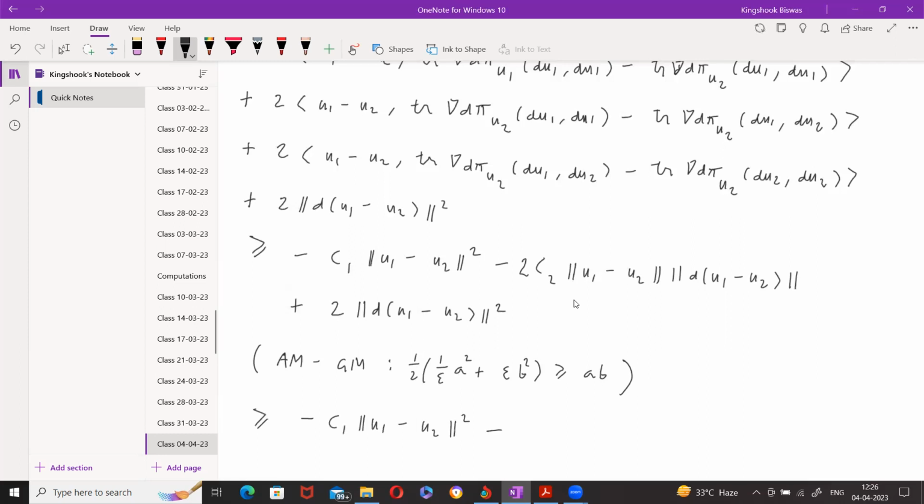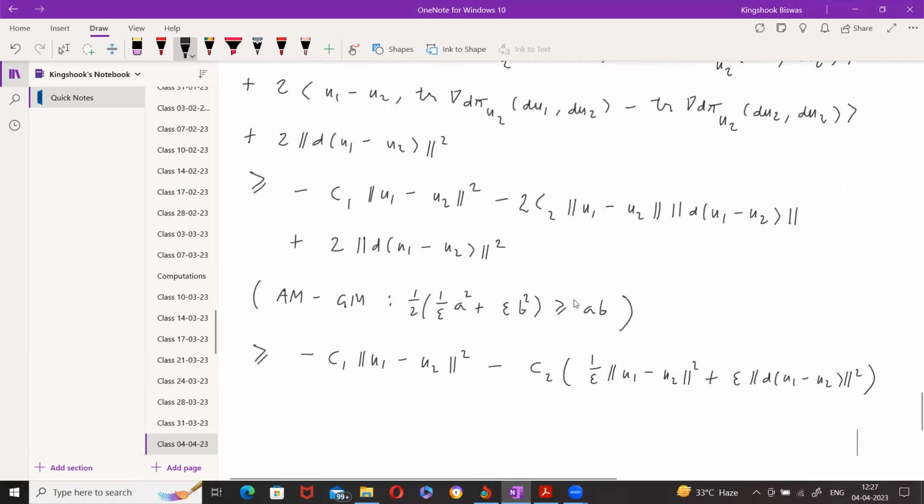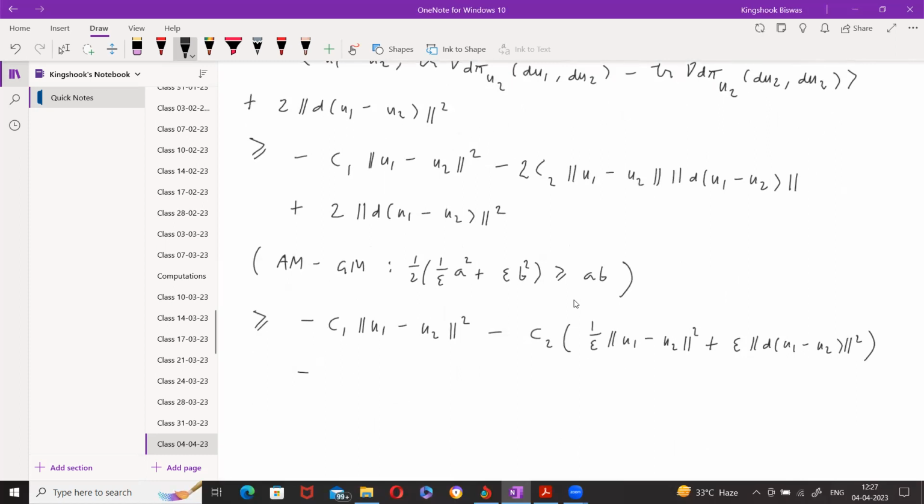And then I'll get minus C2 into 1 over epsilon norm u1 minus u2 squared plus epsilon norm d of u1 minus u2 squared. And then I have the other term outside, plus 2 times norm d of u1 minus u2 squared.